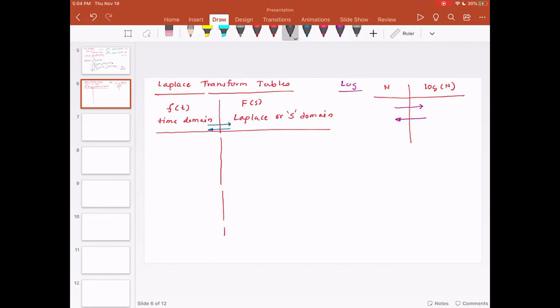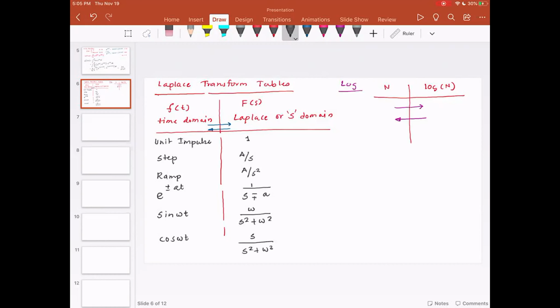And again, we are not going to derive these, but I'll just tell you: unit impulse is 1, step is a divided by s, ramp is a divided by s square, e raised to plus minus at is given as 1 divided by s minus plus a, sine omega t is given as omega divided by s square plus omega square, cosine omega t is given as s divided by s square plus omega square, and so on.